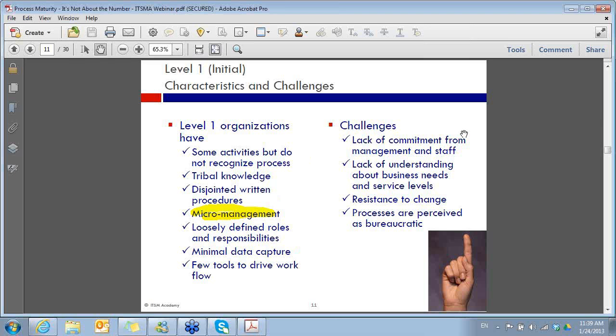And even if you swear that you're going to do your best to make sure your processes are agile as possible, just the word process is going to be perceived as bureaucratic when you're at this level of maturity. People are really going to push back.